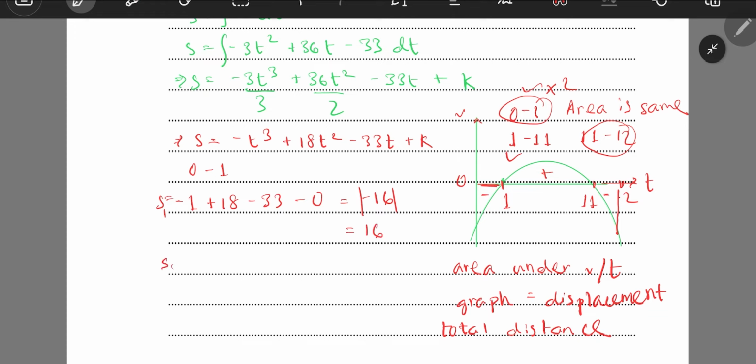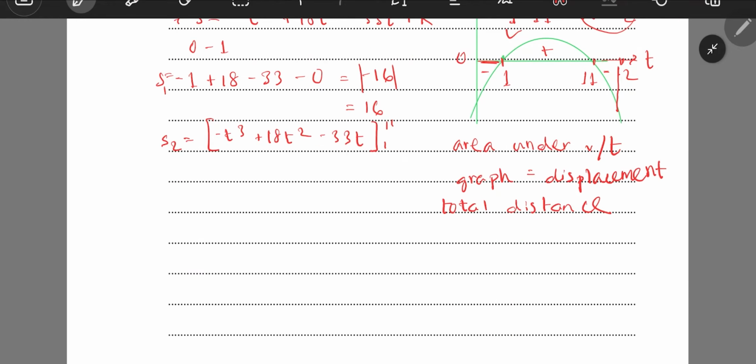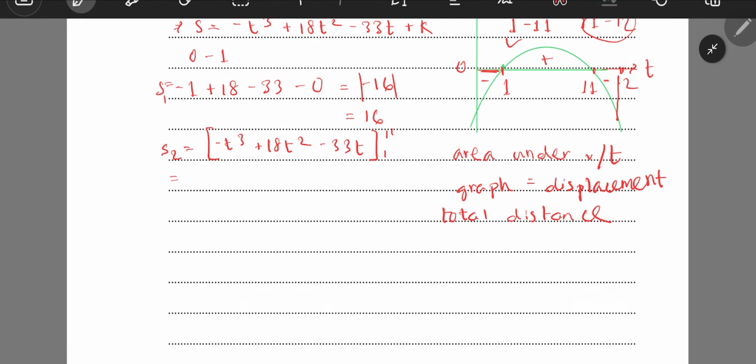And then for s2, the limits will now be 1 and 11. So I can write the integrated equation, minus t cubed plus 18t squared minus 33t, between 11 and 1. For 1, I know that the value will be minus 16, so I can skip that. I'll just focus on inputting 11.